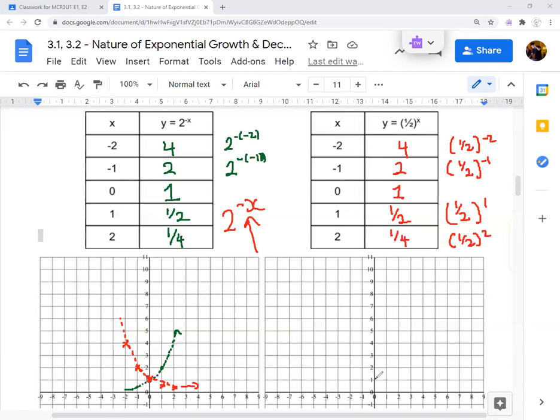So my parent function would be bam, bam, bam. And in red, negative 2, 4. Negative 1, 2. 0, 1, half, quarter. In other words, 2 to the power of negative x is the same as half to the power of x.